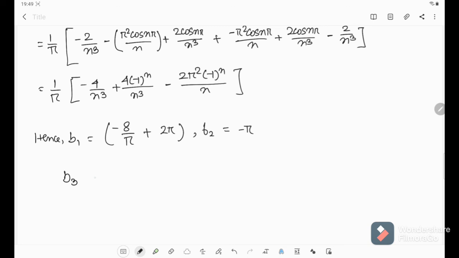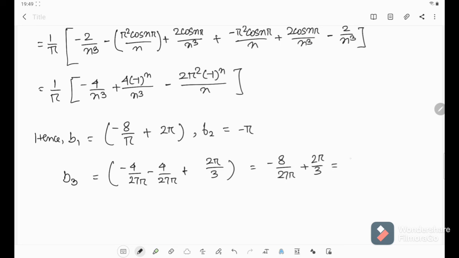b3 would be minus 4 by 27, that is 3 cube, minus 4 by 27, and it would be plus of 2 pi square by 3. So it is ultimately minus 8 by 27 pi, and the pi will be 2 pi by 3.